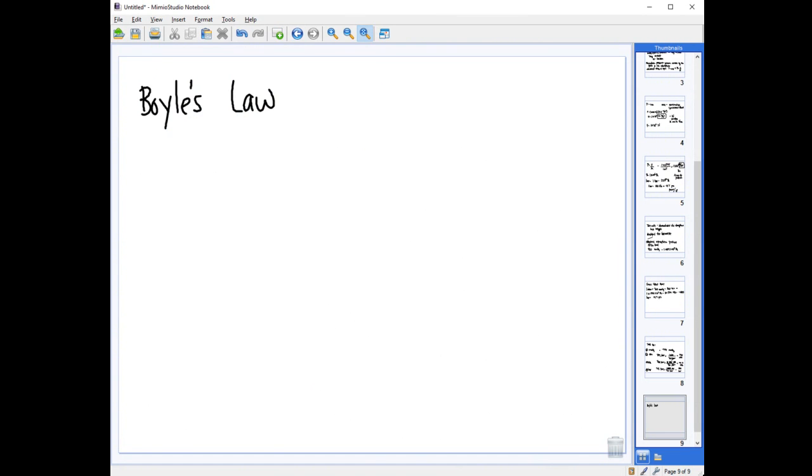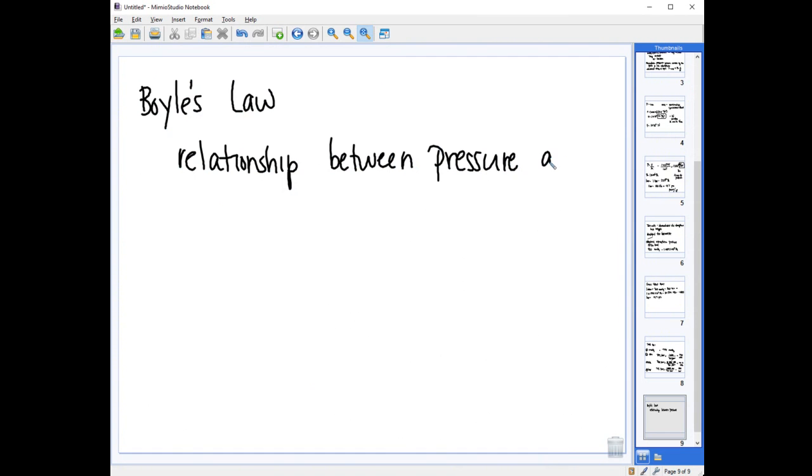And Robert Boyle was a British chemist, and he studied the relationship between pressure and volume. Okay, so he studied the relationship between pressure and volume.